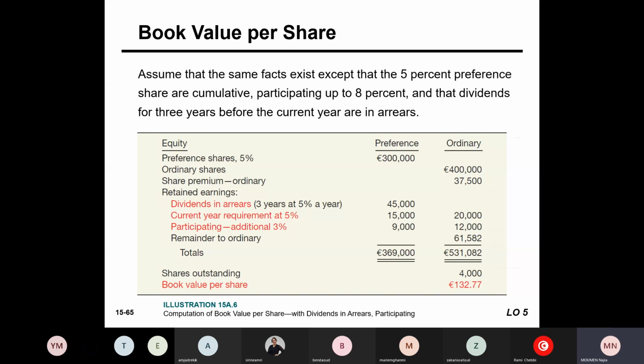If you consider the same rate of 5% distributed to the ordinary shares, the ordinary shareholders will be receiving 20,000. If you sum up here, we have 45, 15, 60, and we have 80.